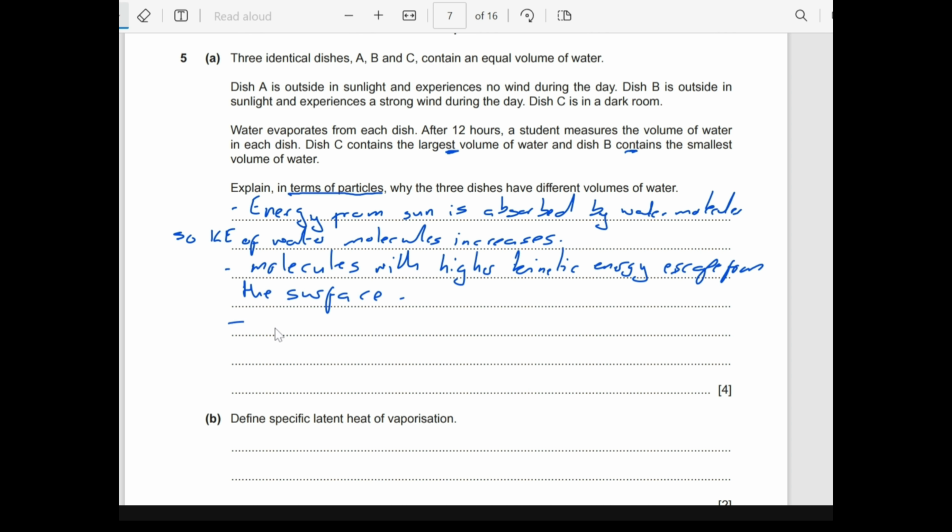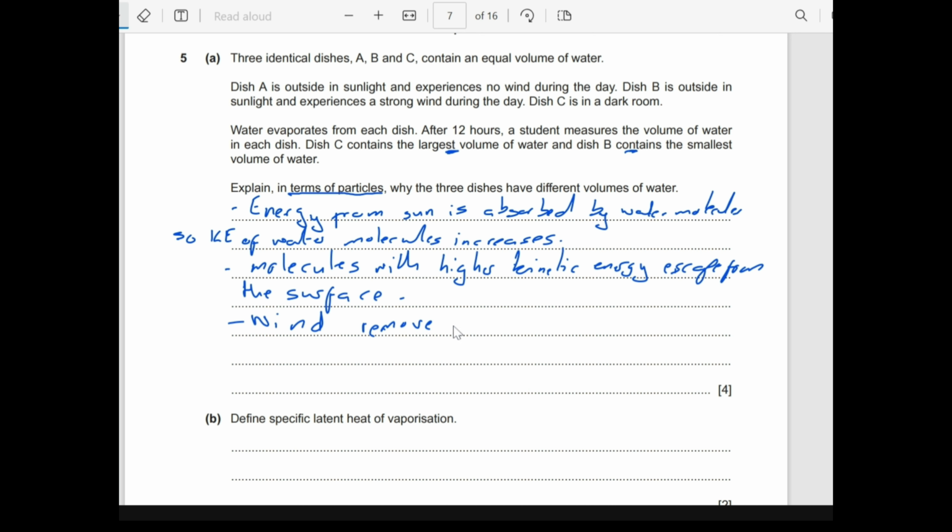Okay. Then that of wind, definitely wind will remove molecules when they leave the surface. Wind will remove them quickly because it will be blowing.